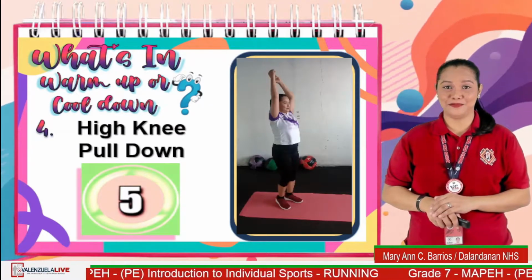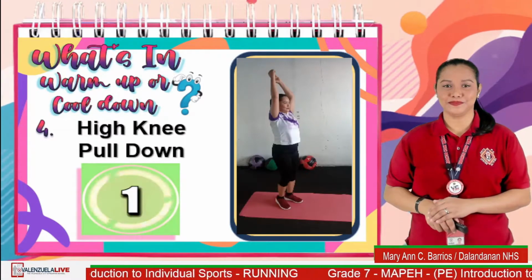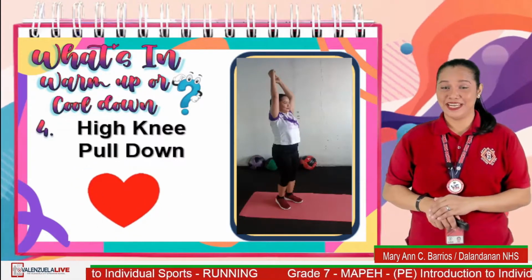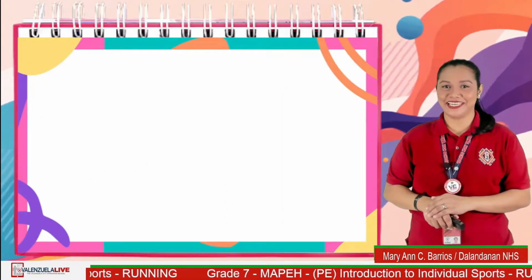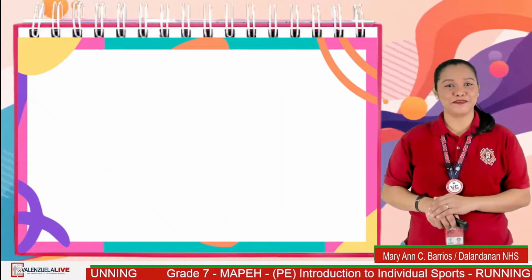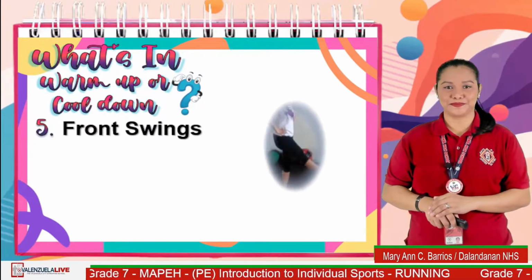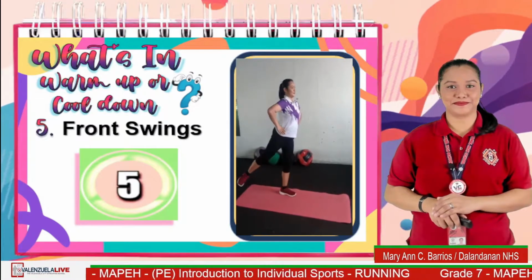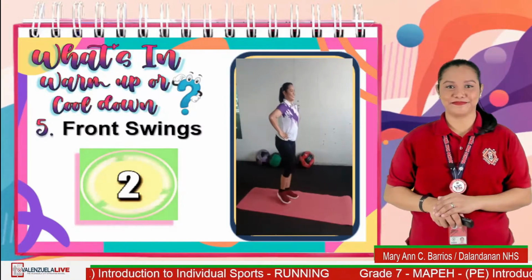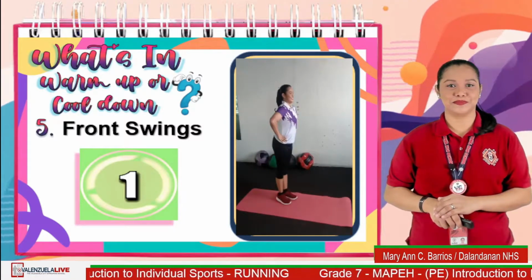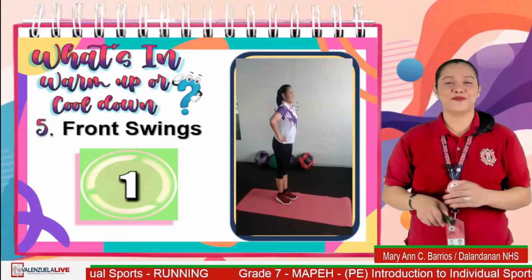Timer starts now. Time is up. The answer is warm up. That's great. And last number 5. Front swings. Timer starts now. Time is up. The answer is warm up.